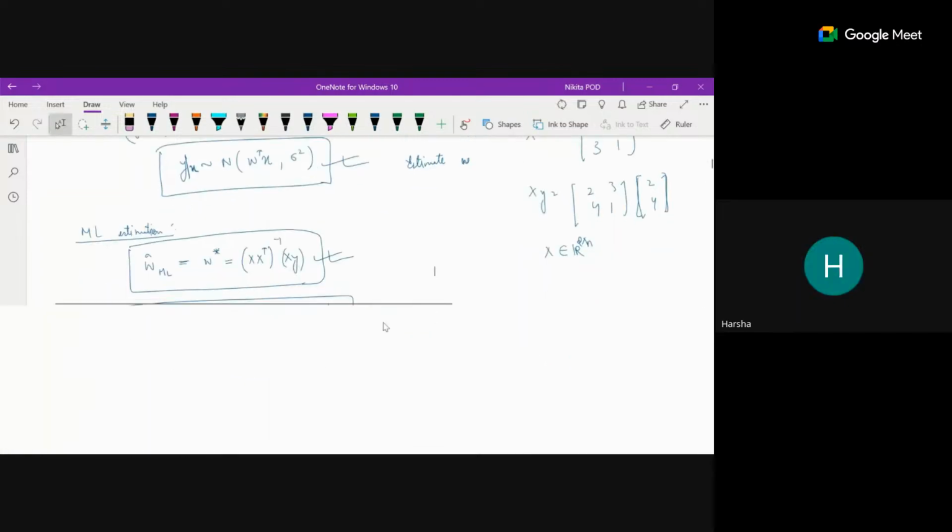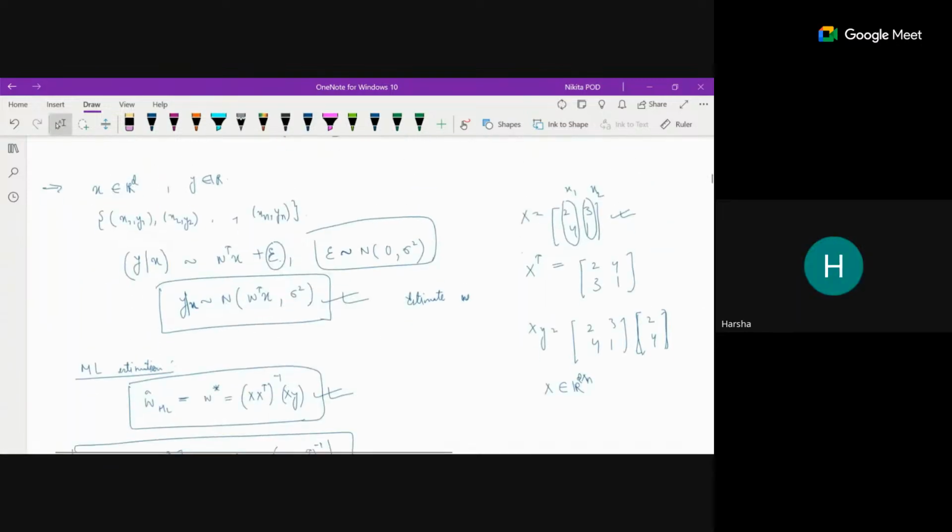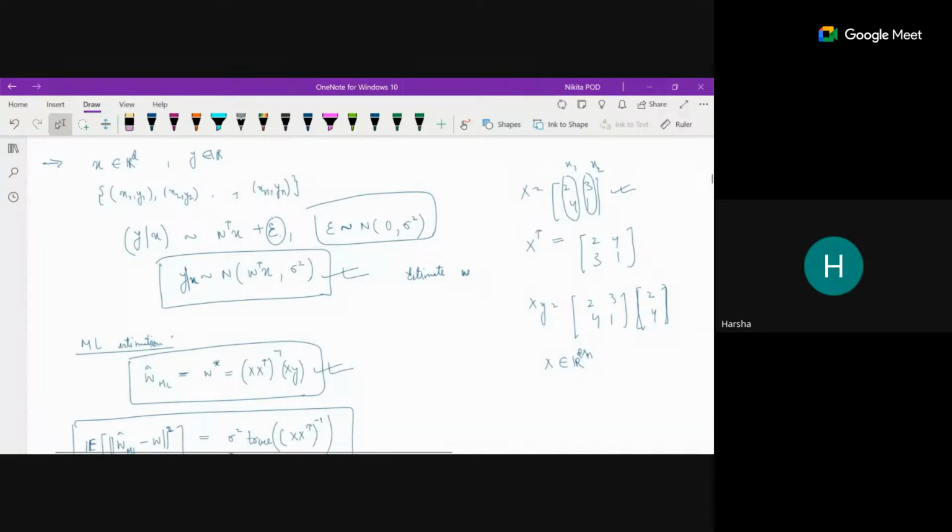Okay. The second question is, if it is not a 2 cross 2 matrix but a columnar matrix, x equal to minus 2, 3, 4, then what is x? Will you consider it as a horizontal vector or a vertical vector? This is the first question; the second question is x equal to minus 2, 3, 4. Then what is xt? Can you write what is beside that?